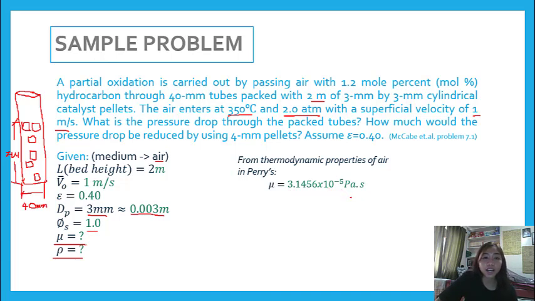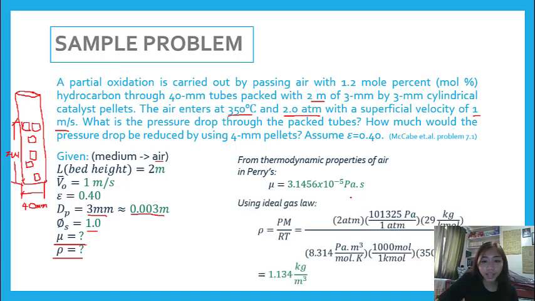It is not far from the value in McCabe, which is 3 times 10 to the power of negative 5 Pascal seconds, but in Perry's it is 3.1456. Okay? And we can also compute the density using the ideal gas law. So density is equal to PM, where M here is the molar mass, over RT.